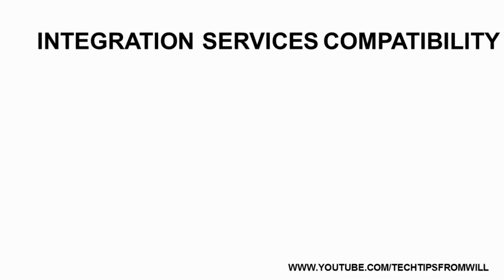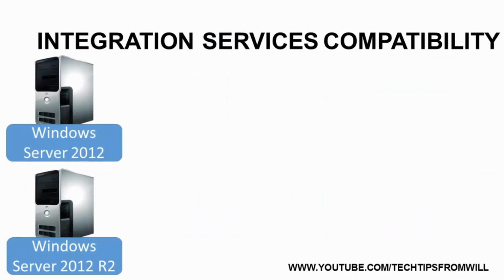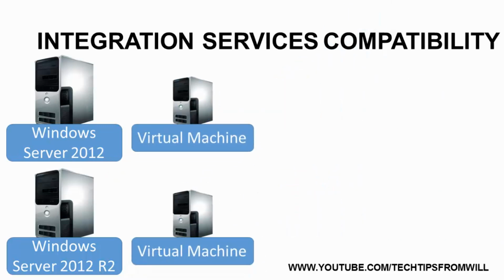Let's say that you have two Hyper-V hosts, one running Windows Server 2012 and the other running Windows Server 2012 R2. Next, you create a virtual machine on both hosts. You now need to install an operating system onto those virtual machines and, optionally, install guest integration services.